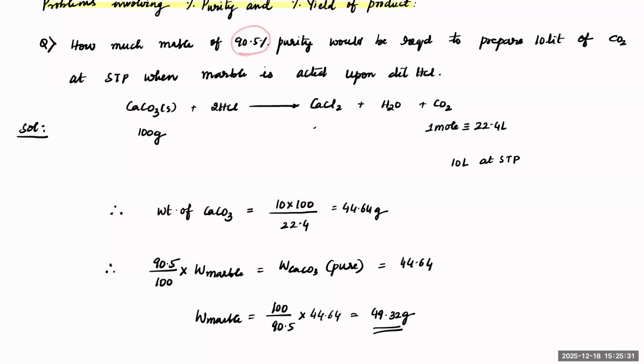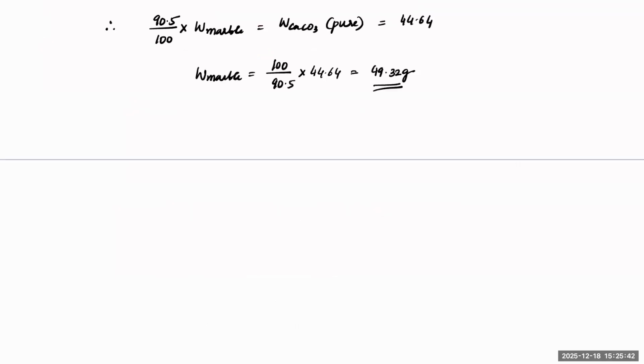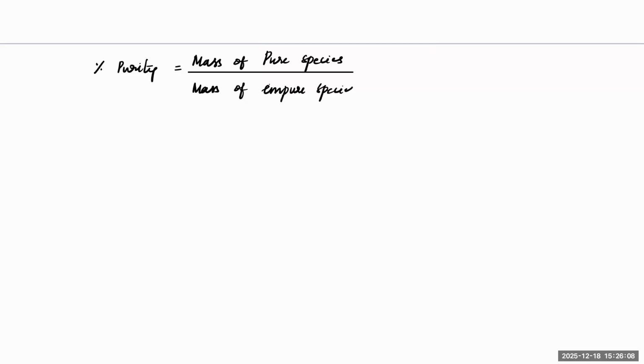Is this idea clear? Very good. Now, from here, I can say percentage purity as a formula. It is suggested that percentage purity is equal to mass of pure species divided by mass of impure sample, that into 100.